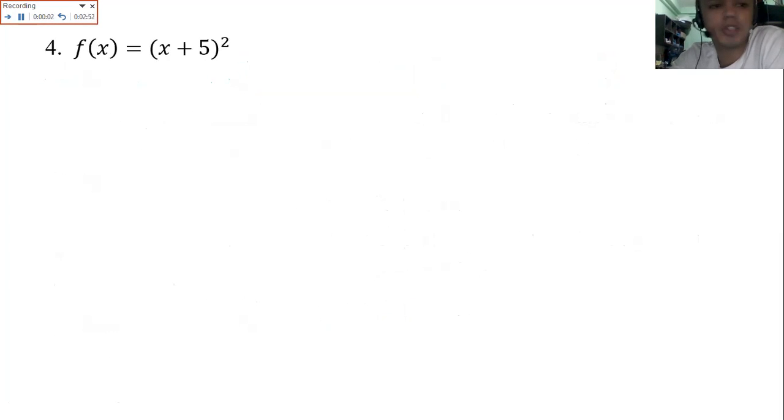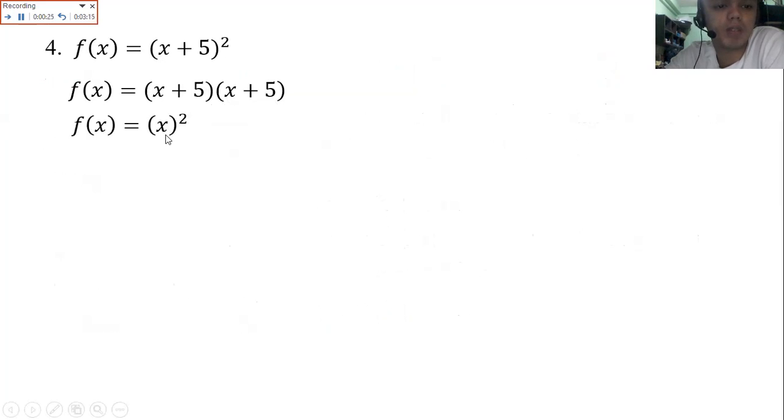Okay, another one. Now for number 4, f of x equals the quantity x plus 5 squared. To see that this function is quadratic, let's simplify first. Using the squaring method, or expanding it, the quantity x plus 5 squared is equal to x plus 5 times x plus 5. Distribute x, we have x squared.